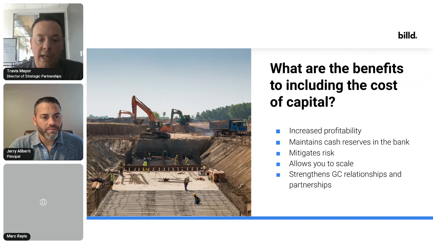But of those contractors that account for the cost of capital, they also reported nearly 2 points higher average profit margin than their peers who didn't account for the cost of capital, right? So not only are you increasing profit margin on the back end by putting these processes in place and viewing carrying cost as a true cost to the business, that allows you to put other processes in place that will also drive increased profitability.